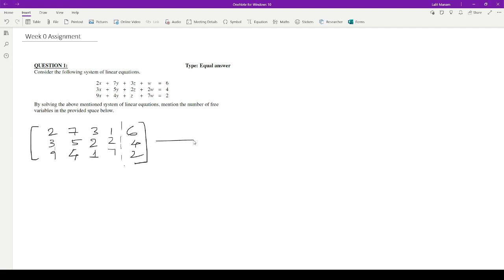With this, we first try to find the row echelon form, for which we do some row operations. So we first update the second row by subtracting it from the first row, which gives us something like this.